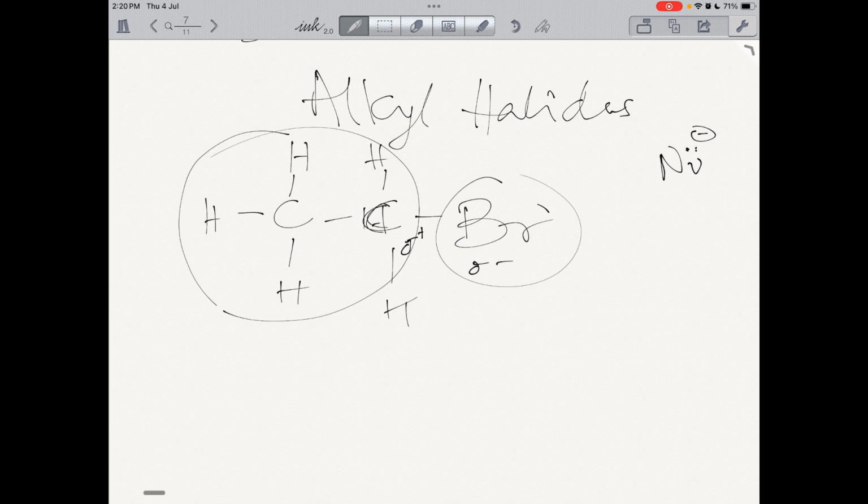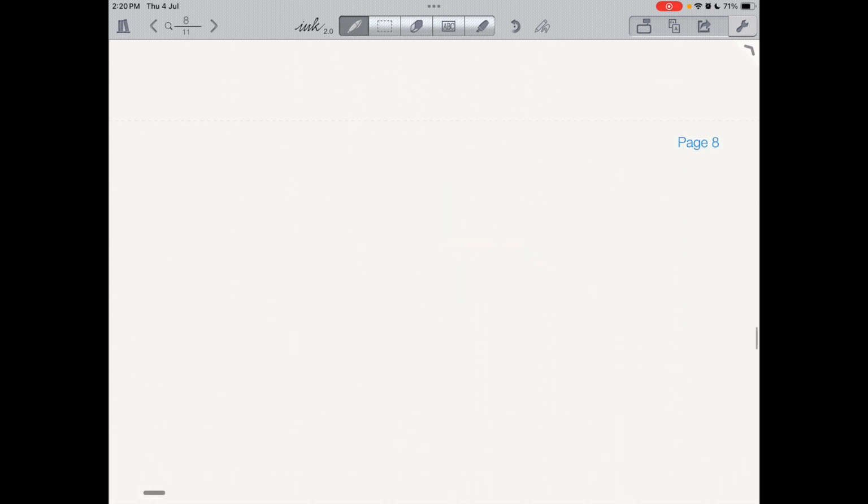So what actually happens is that the nucleophile attacks. Using the example I have up here, we have ethyl bromide, and this is the bromine.